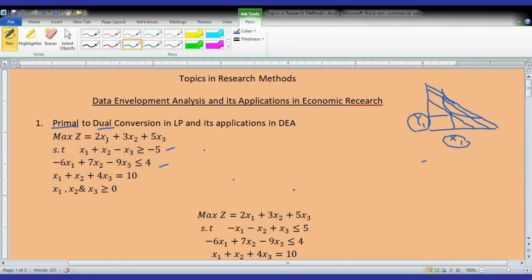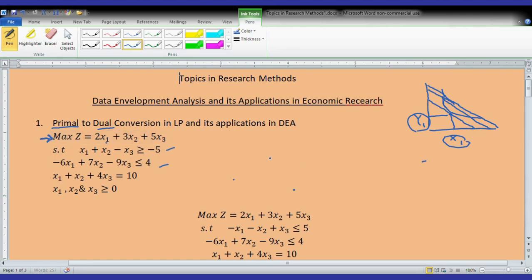And see the constraints that we have. The first one is x1 plus x2 minus x3 greater than or equal to minus 5, and then I have minus 6x1 plus 7x2 minus 9x3 less than or equal to 4, and so on. When solving a maximization problem, remember one thing.